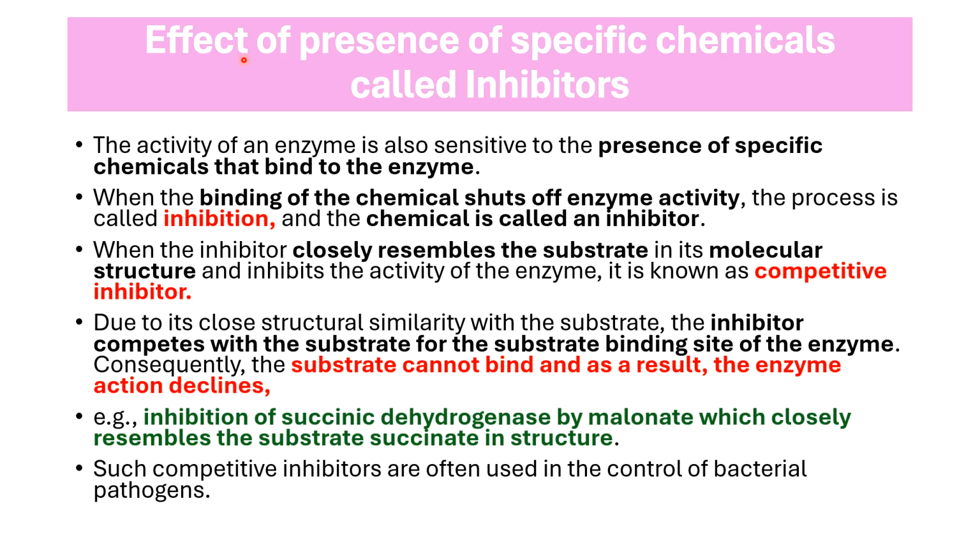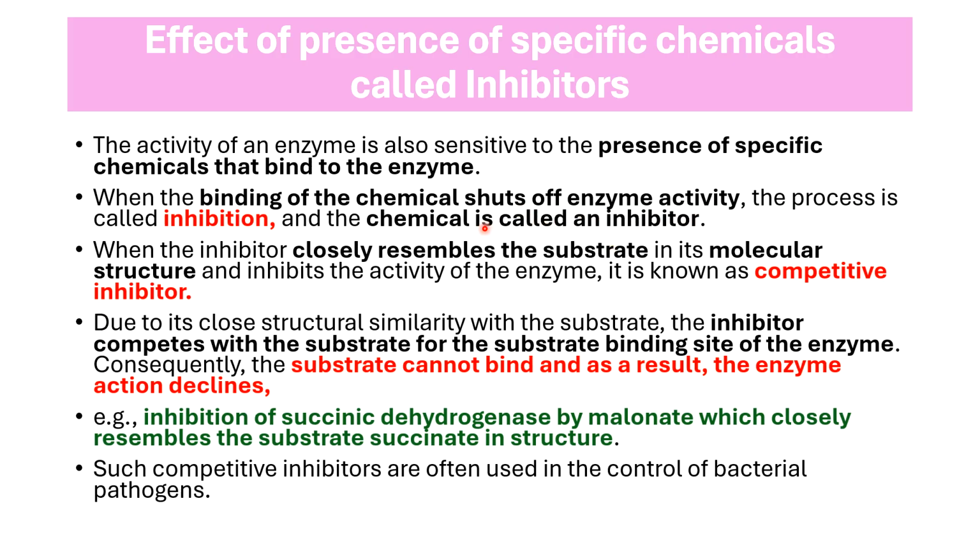Let's now look at the effect of the presence of specific chemicals called inhibitors. Now, a biological system, if you see, is very complex. There are certain chemicals which resemble in shape or structure that of the substrate.